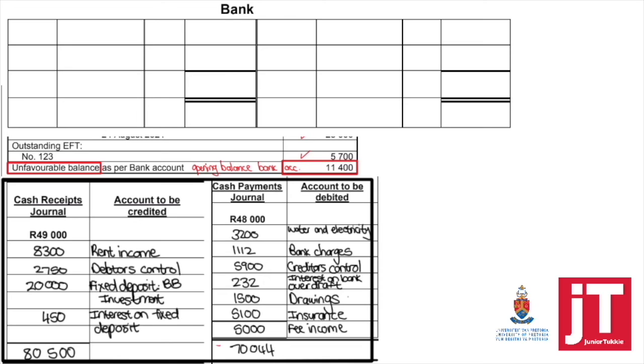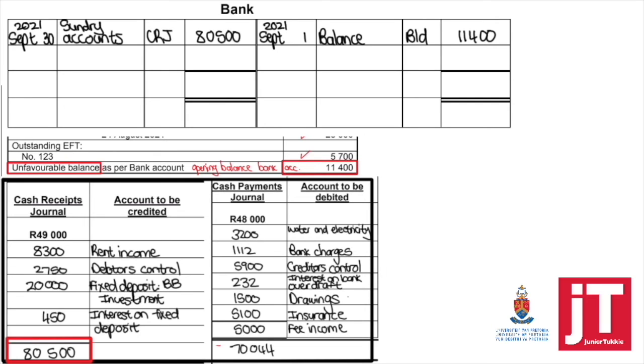Completing the bank account, we're going to start with the opening balance. Unfavorable balance means negative. In our books, an unfavorable balance will always appear on the credit side. So the opening balance, 11,400, will appear on the credit side in our bank account. Make sure that you take your totals from the cash receipts journal, what you have calculated, 80,500 on the debit side, sundry accounts, or total receipts from the cash receipts journal.